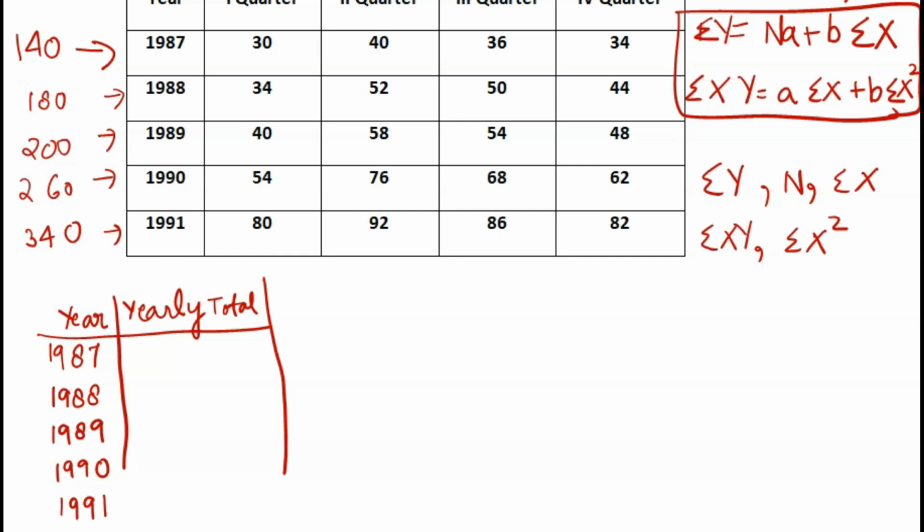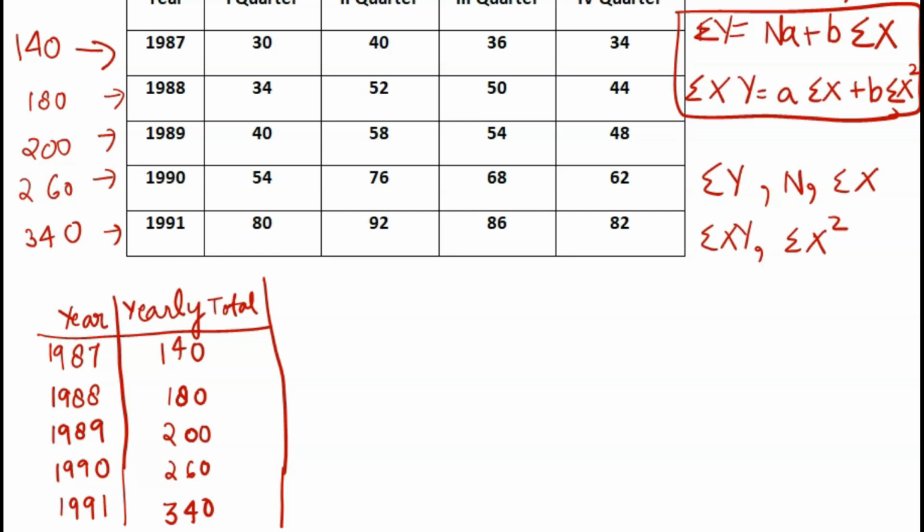And the totals we got for each year are: 1987, 140, then 180, then 200, then 260, and then finally 340.